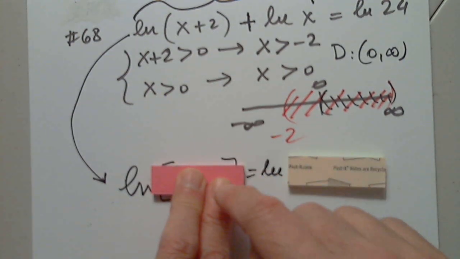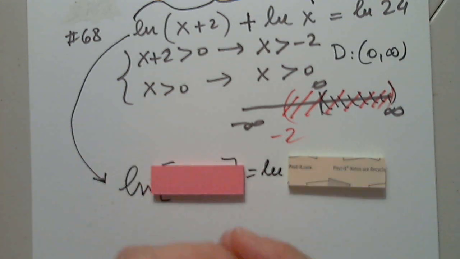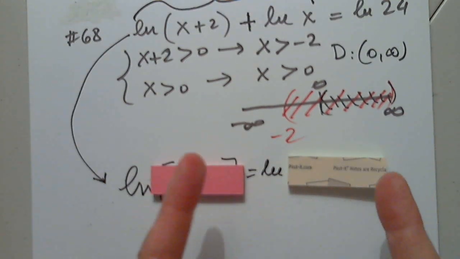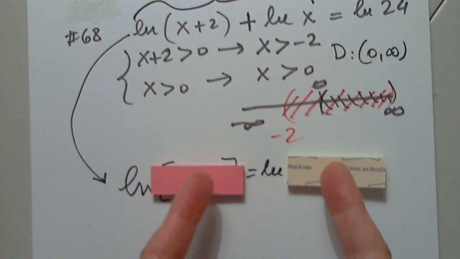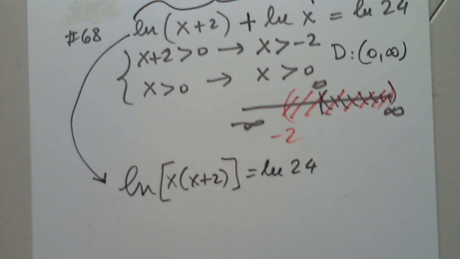No. Can this be 100 and this 24? No, because natural log of this number has to equal natural log of this number, which means these two numbers must be what? They have to equal each other. Awesome. So then distribute: x squared plus 2x must equal 24.